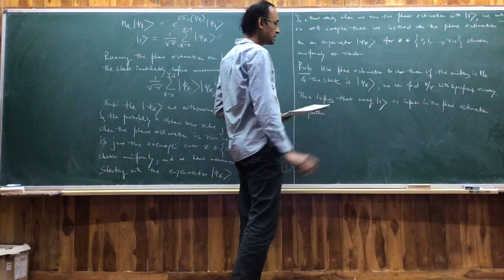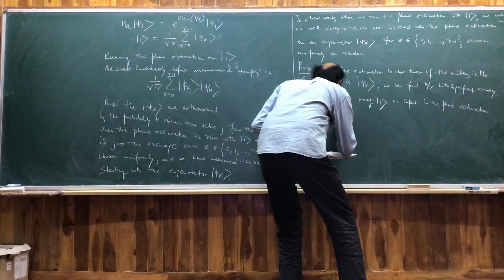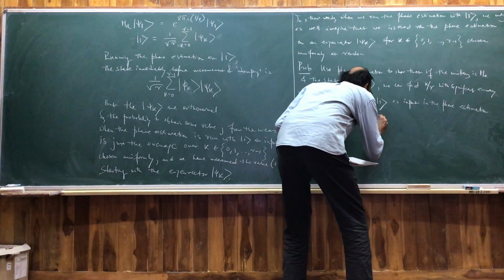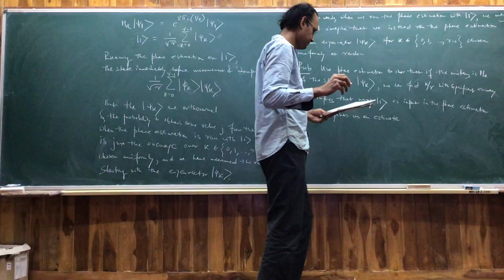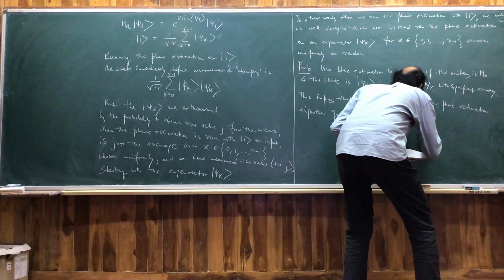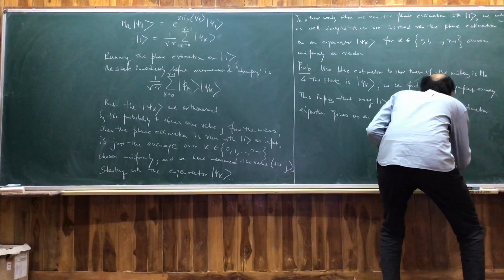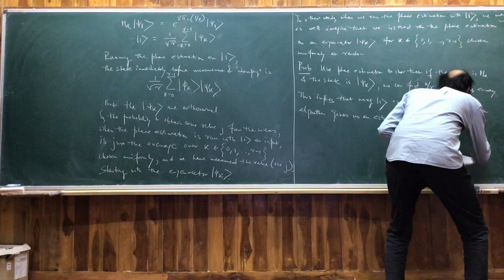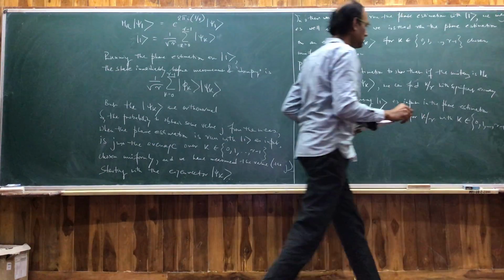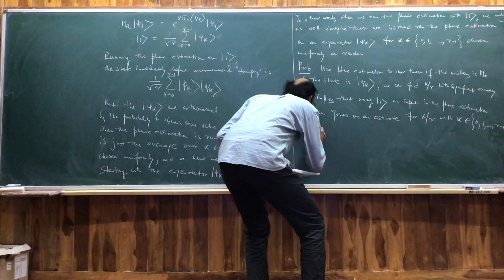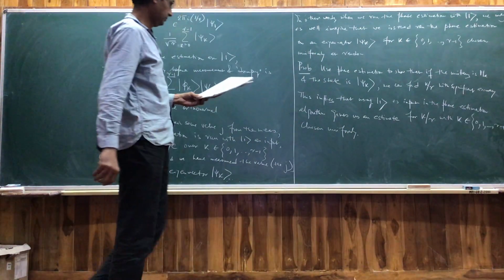This implies that using 1 as input in the phase estimation algorithm gives us an estimate for k by r, with k chosen uniformly.